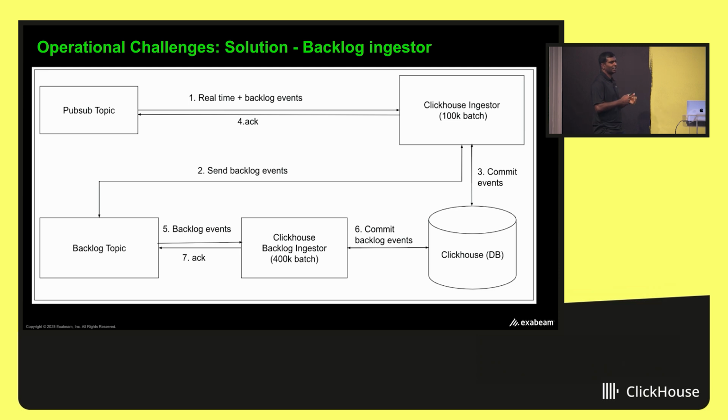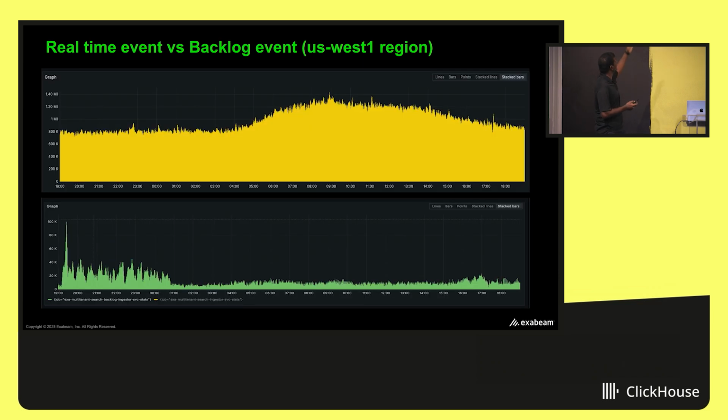Using this approach, it reduces the max part files and also reduces operational cost with ClickHouse. This is how it might look with the real-time events and backlog events. Even a small percentage share of backlog events could create multiple part files, which we avoided.